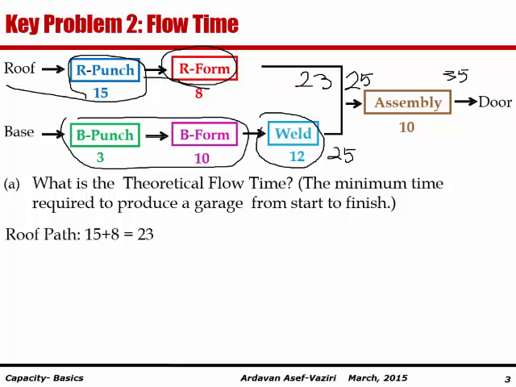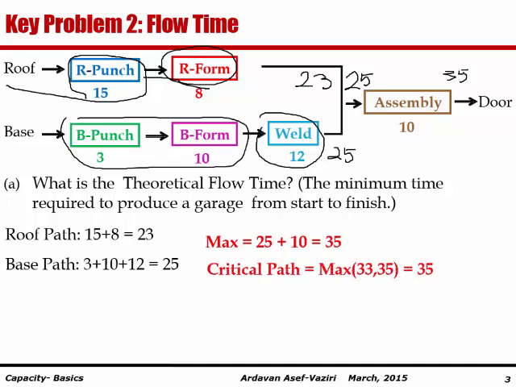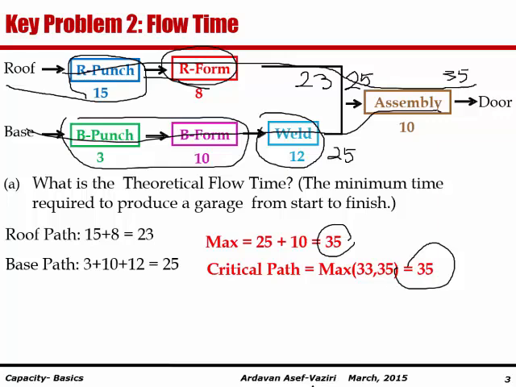Roof path, 15 plus 8, 23. Base path, 3, 10, 12, 25. Of both paths, the maximum of those two is 25. 25 plus 10 is 35. We call it the critical path, which is the maximum of this path, which is 33, and this path, which is 35, and the critical path is 35 minutes.